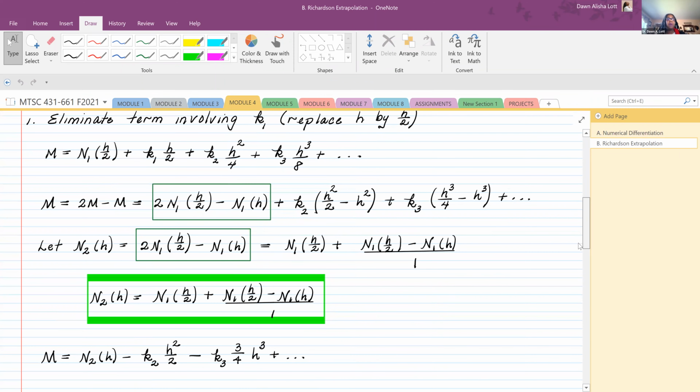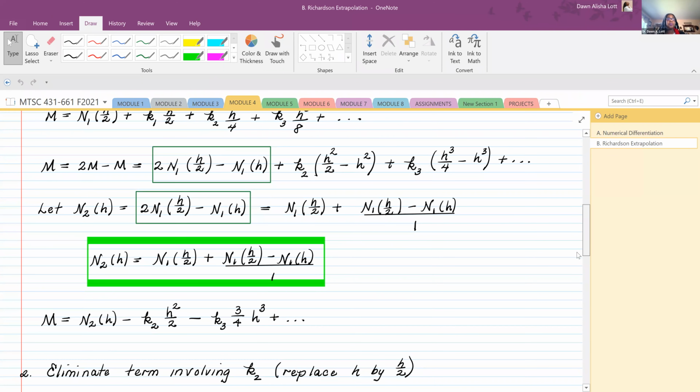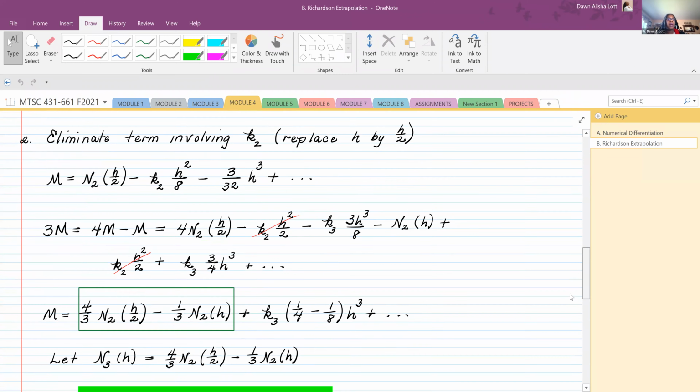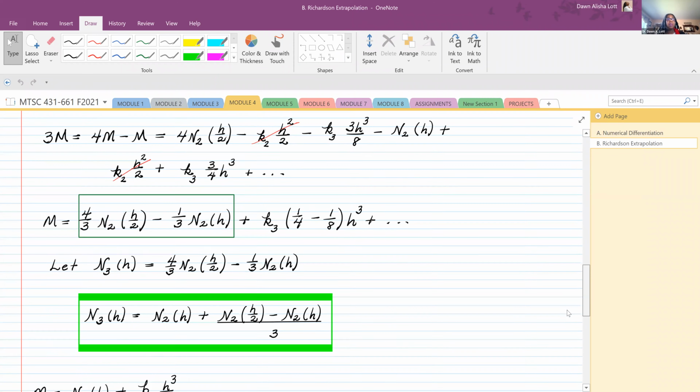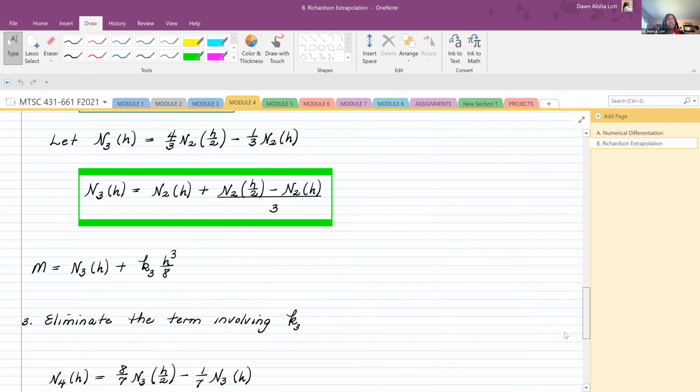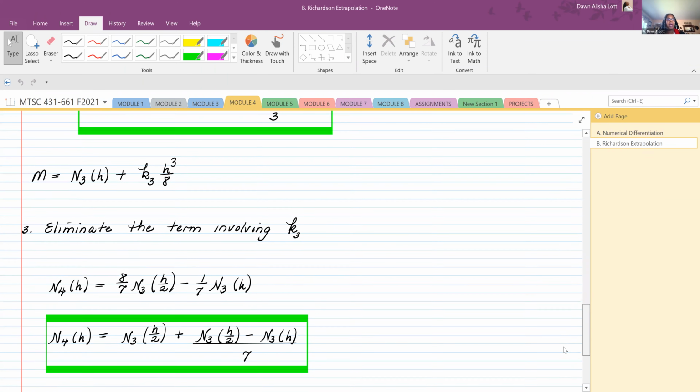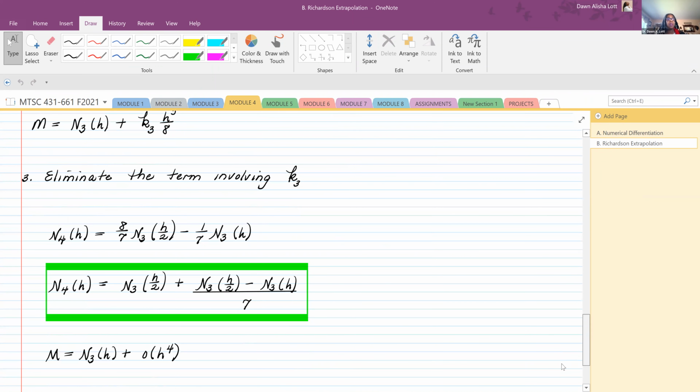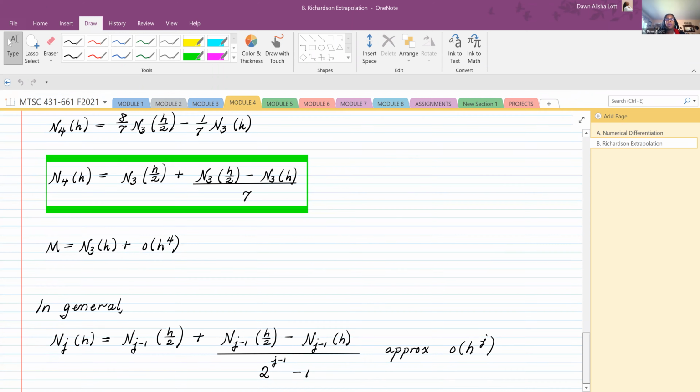So we figured out how to find N2, then we figured out how to find N3, and then as we kept doing this, we were able to get a pattern to get N4. And so in general, we had something that looks like this.